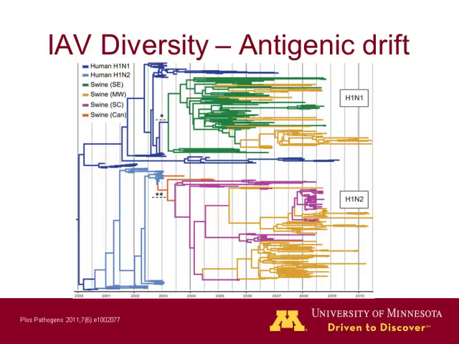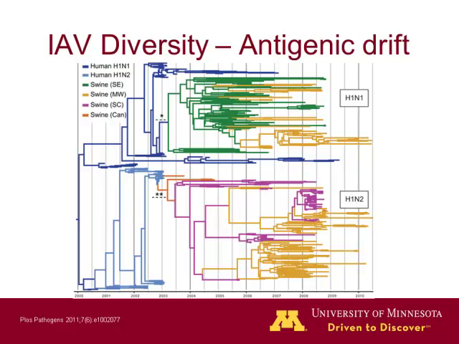The overall diversity of influenza viruses is driven by 2 different processes, antigenic drift and antigenic shift. Basically, in antigenic drift, mutations accumulate over time within a gene, and that makes the virus different. What I want to illustrate here in this phylogenetic tree published by Nelson and co-authors is that different viruses can evolve over time, and they can also be associated to swine movement between different regions in the United States.